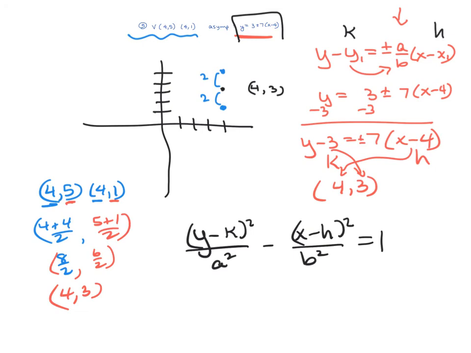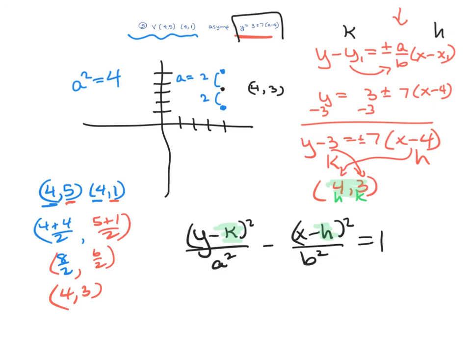So far, I have found the h and the k, and it's this ordered pair here. This is h, this is k. Now I also found my a value, so a squared is 4. What I need to find is my b squared value.